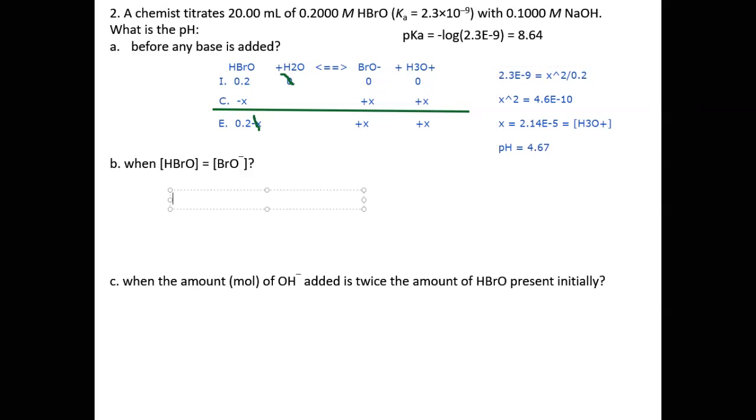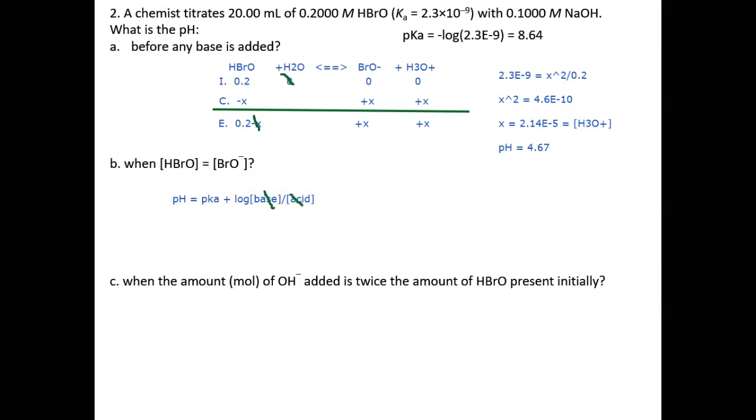And so what we have to remember is that here where we're in the buffer region, pH equals pKa plus log of concentration of base divided by concentration of acid. And since these concentrations are equal, they cancel out.